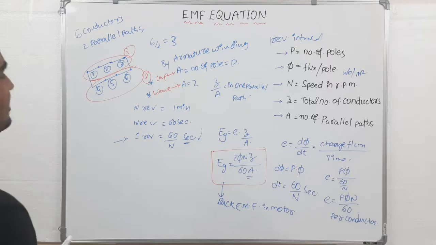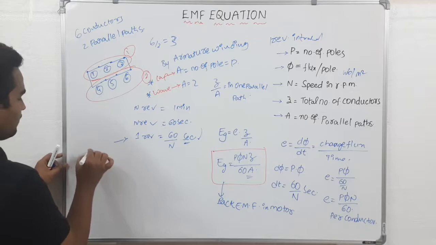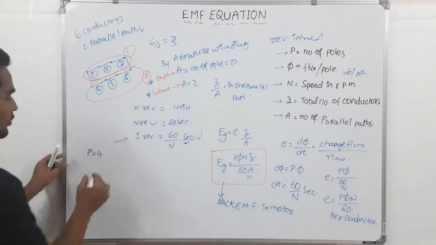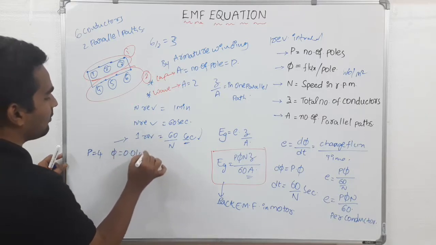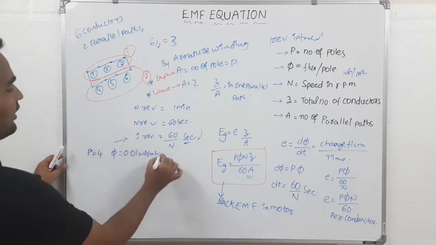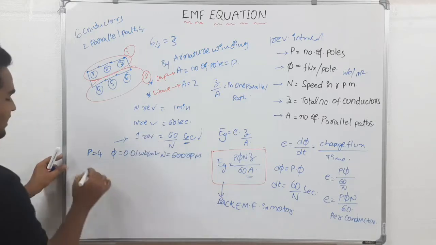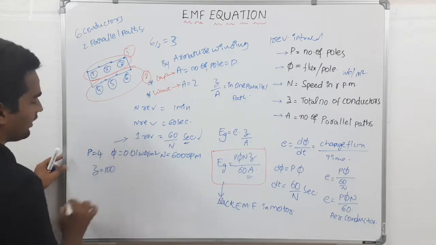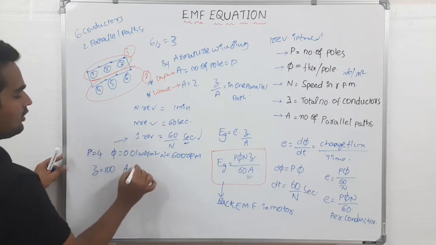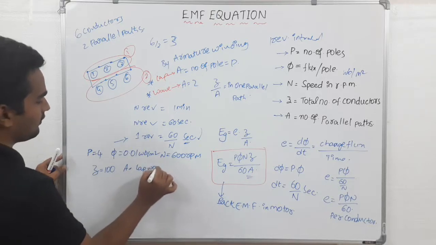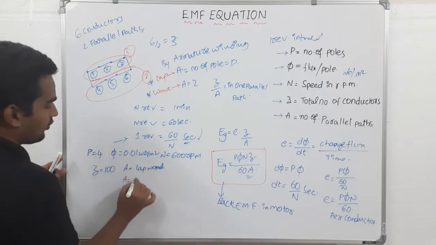Let us solve one simple example. Suppose P is 4, the number of poles is 4, phi value is 0.01 Weber per meter square, N is 600 RPM, Z is 100 conductors, with A for lap wound and A for wave wound.